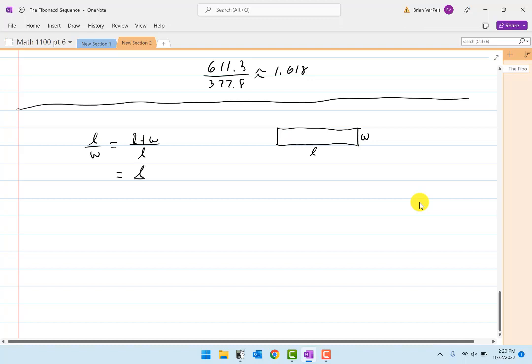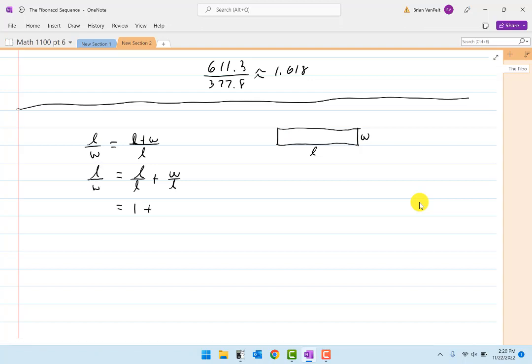Here, if I split the fraction up on the left into two parts like this, I'll get 1 plus W over L, and L over W. So now, assuming that L over W is in exactly the shape that I want, so let's say L over W has been given the golden ratio, I'll replace it there.